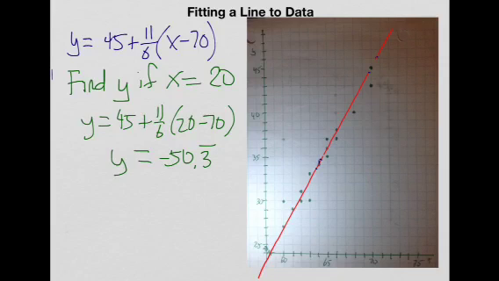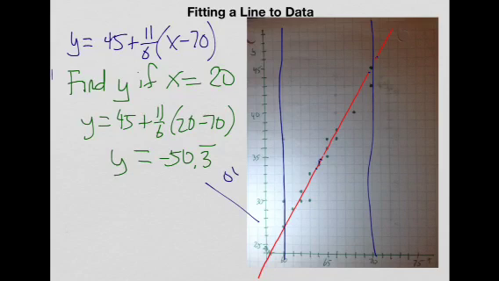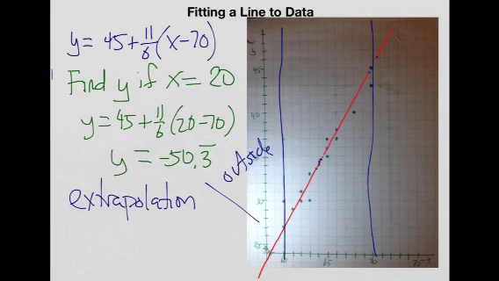Now again, if I look at my original data set was going from 60 to 70, this is way outside of my data set. So this is in a case of extrapolation. We've gone extra. We've gone outside.